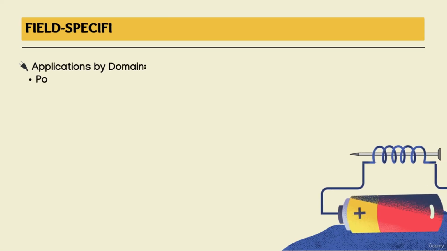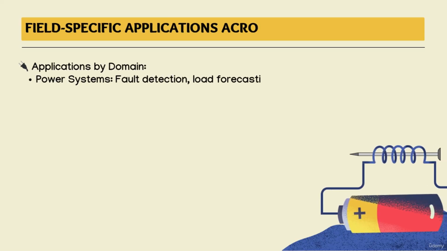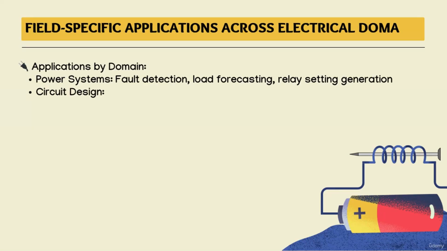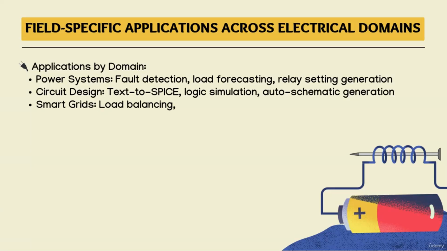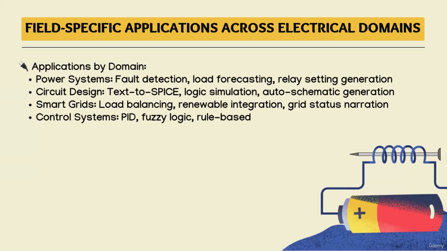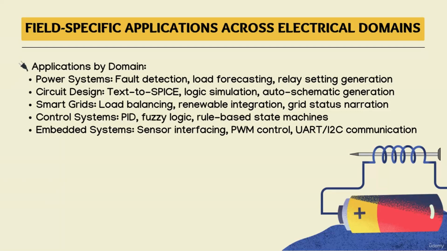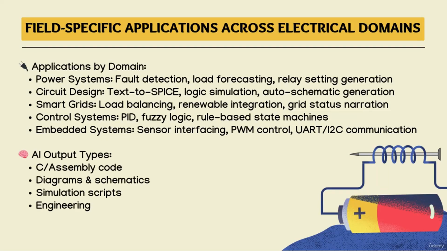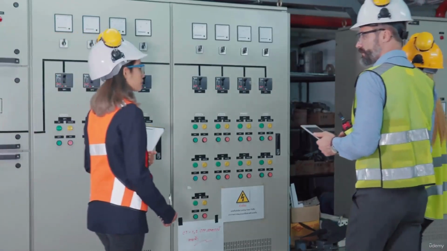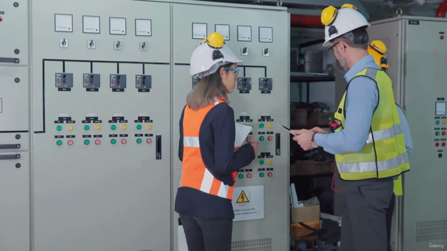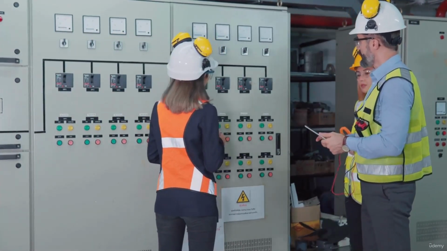In real-world electrical engineering, the applications of generative AI span a wide range. Power system engineers can prompt AI for load flow analysis, substation relay coordination, or fault simulation. Circuit designers can use it to convert written descriptions into SPICE-ready netlists or generate schematics automatically. For control system engineers, AI can create tuned PID algorithms or describe state machine logic for automation processes.